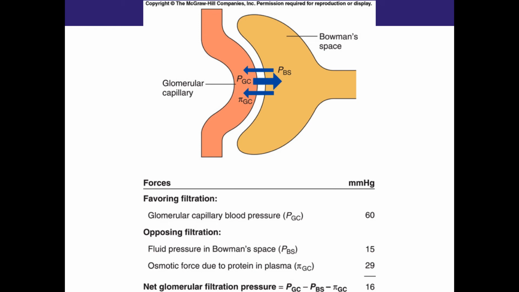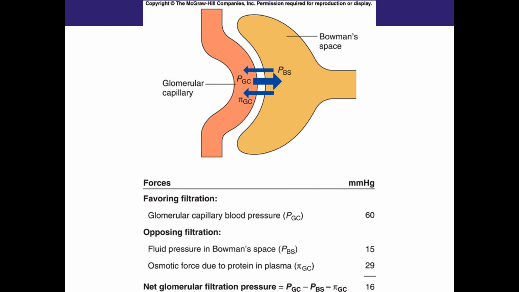What do you think? Why could we take this out of the equation? Oncotic pressure in Bowman's space. Yeah, you can guess. Probably because water isn't able to go... You're close.